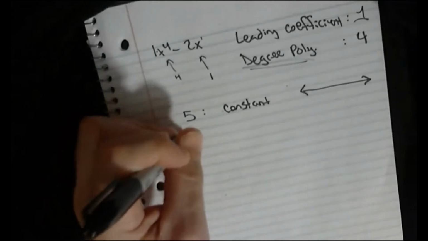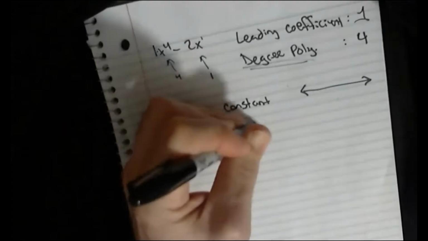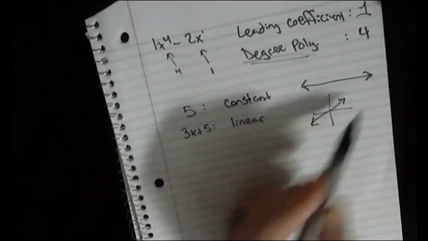If you have an x to a power of 1, this is referred to as a linear polynomial. And on an XY graph, it's going to be some sort of slant. It can go up and to the right or down to the right, but it's always going to be a straight line with some sort of angle, some sort of slope. Constant will always be horizontal. A linear term will go up or down at some angle.